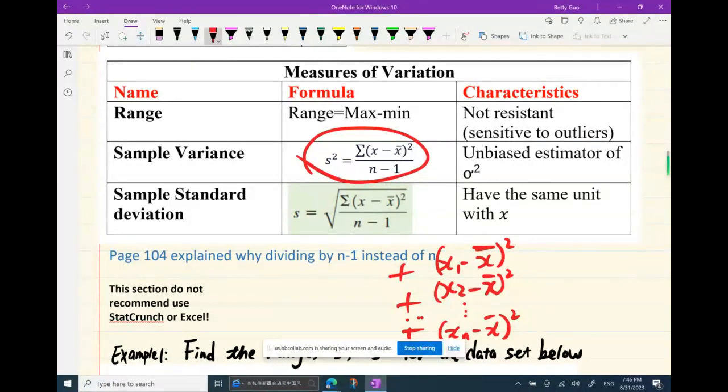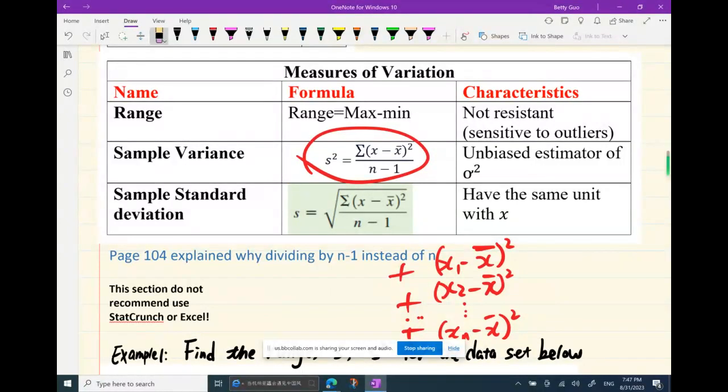n is the sample size, or the total number of values in the sample. We use n minus 1 because if we use n for the denominator, then S squared would be a biased estimator of sigma squared, S squared would underestimate the actual value of sigma squared. So here, statisticians did a correction.